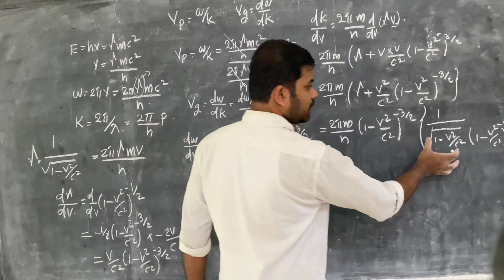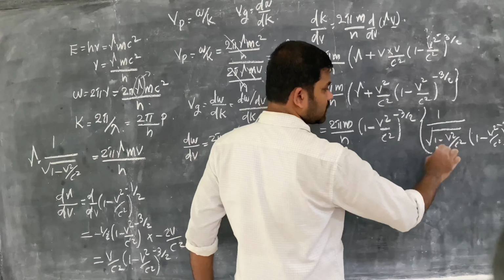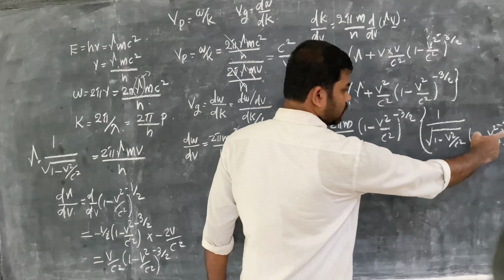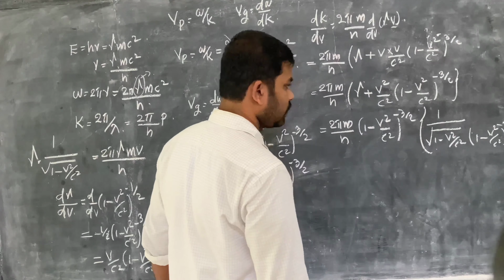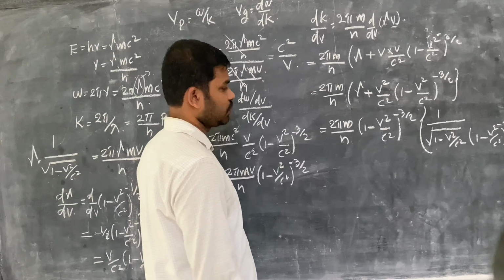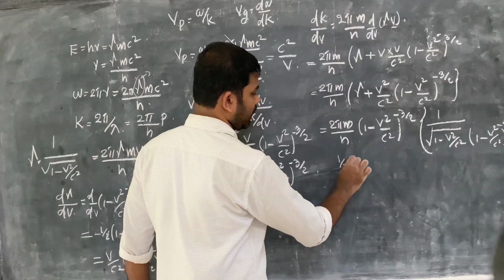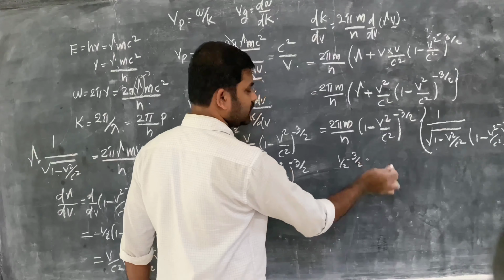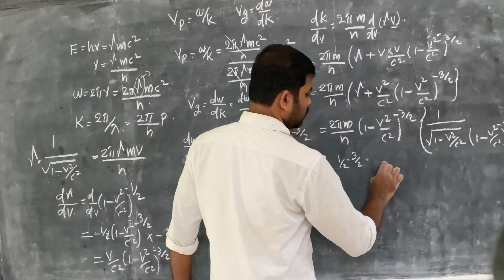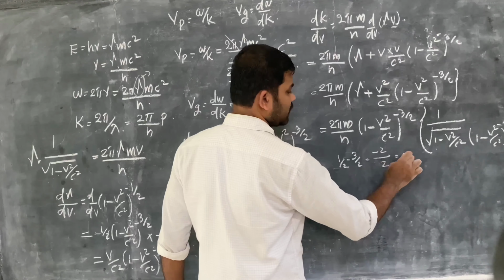If we simplify this, the power is 1 by 2 minus 3 by 2, that is equal to minus 2 by 2, so that is minus 1.